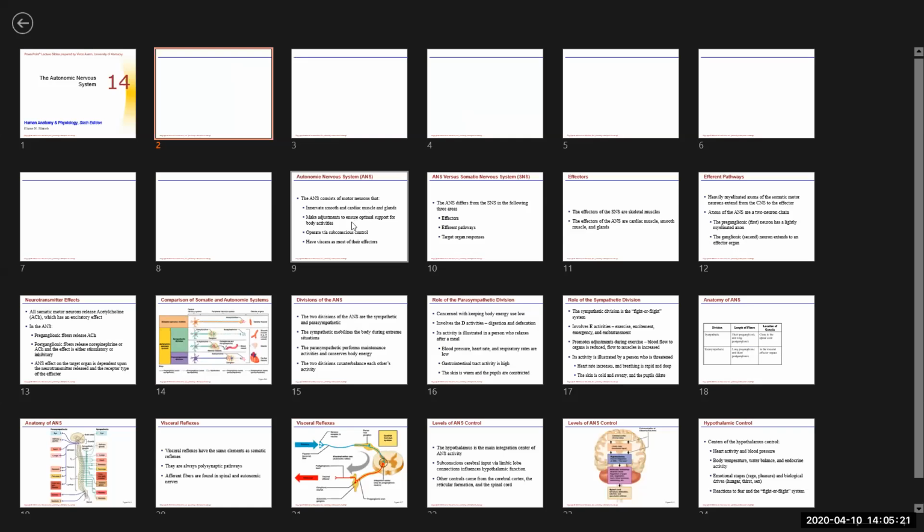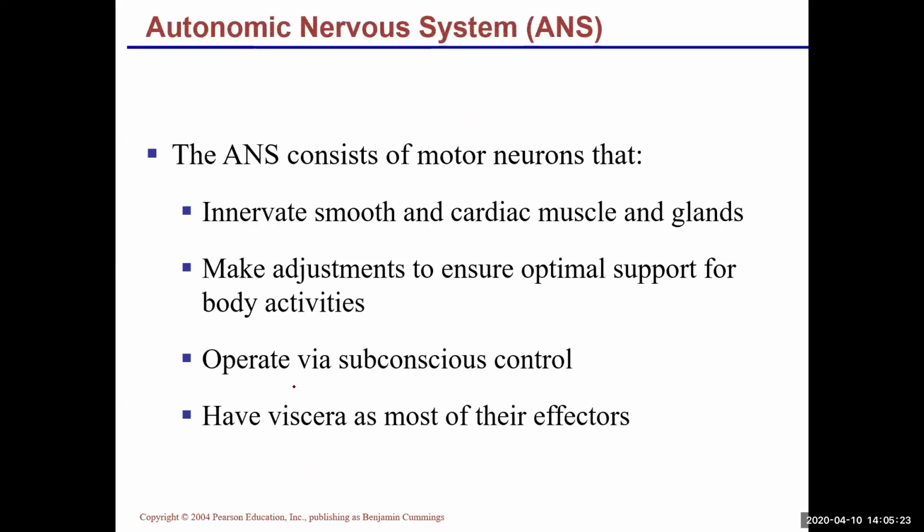Let's go ahead and take a look at the autonomic nervous system. Instead of the skeletal muscle, now the motor neuron, as we discussed earlier, coming in from the central nervous system, innervates. Innervates means it stimulates smooth muscle, cardiac muscle, and also some glands.